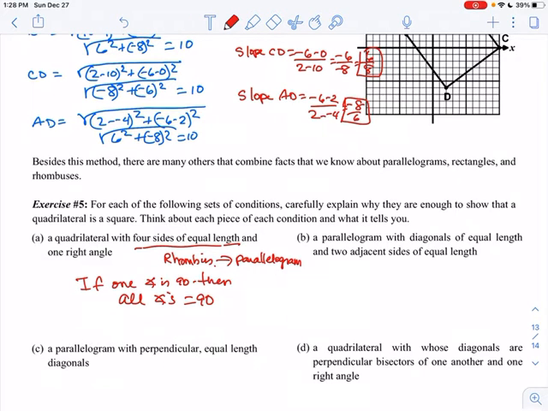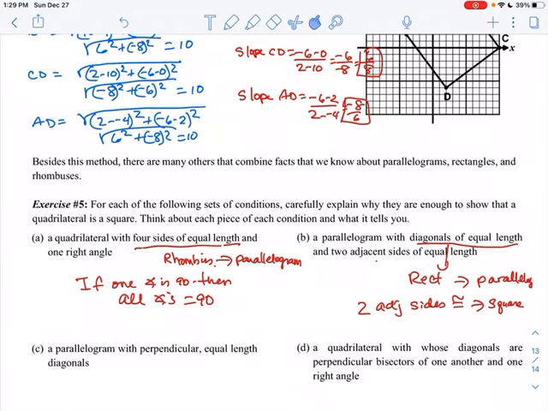It's a parallelogram with the diagonals of equal length. Well, that makes it a rectangle. And remember, a rectangle is a parallelogram. And it has 2 adjacent sides of equal length. So if 2 adjacent sides are congruent, then that makes it a rhombus, or in this case a square, because I already know that the angles are right angles.